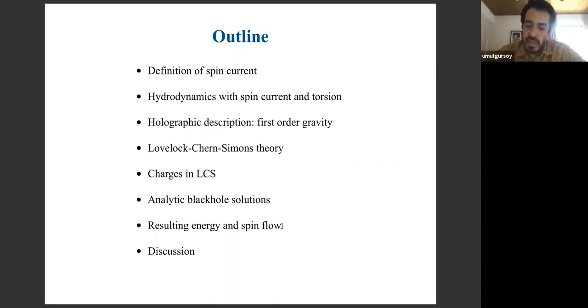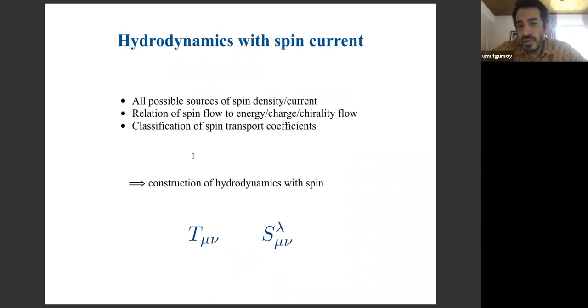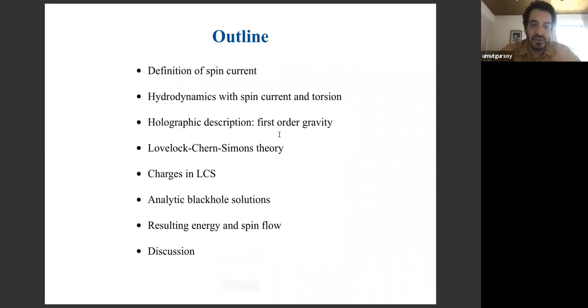If you want to calculate transport coefficients that you cannot get from hydrodynamics, you need microscopic physics, and the main role of applied holography is essentially in calculating these transport coefficients. I will argue that this should be done in a first-order gravity theory, unlike Einstein's theory, because we want the spin current, the spin connection and the vielbein to be independent.